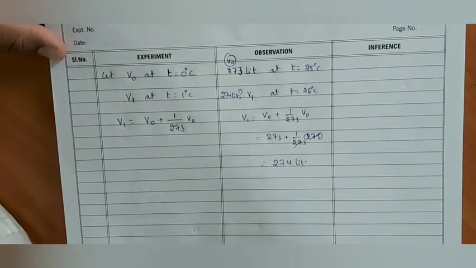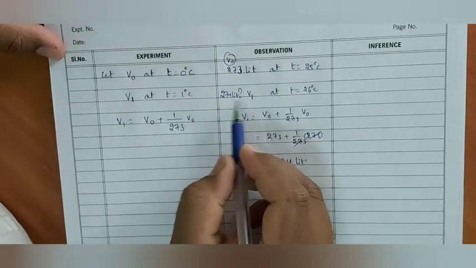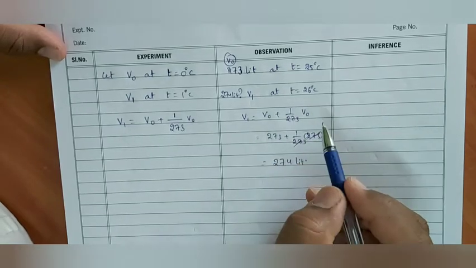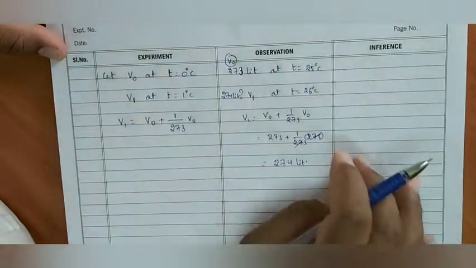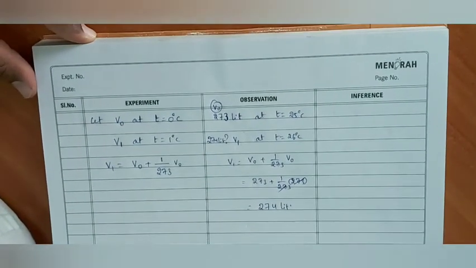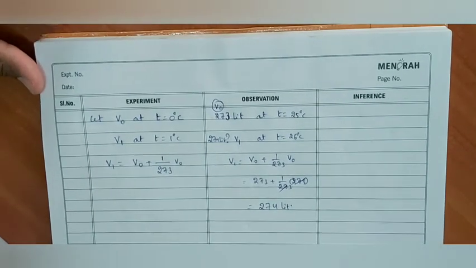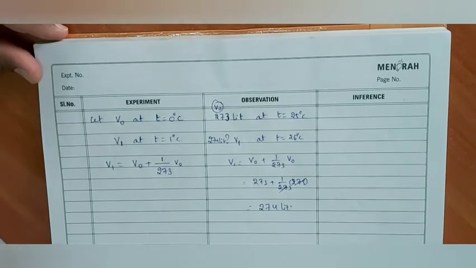Initial volume is 273 liters at T equal to 25 degrees centigrade. Final volume is 274 liters at T equal to 26 degrees centigrade. This is for example only I told. Like this, calculations will be different. I hope you are clear.